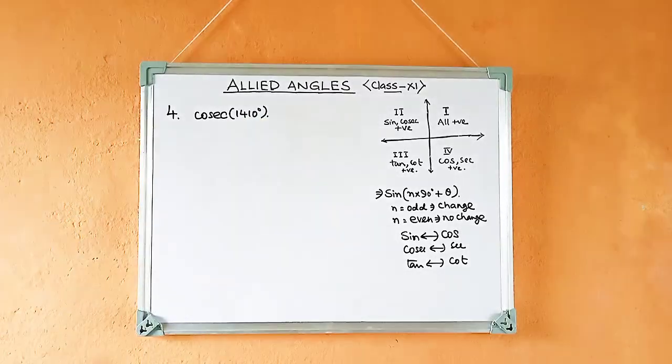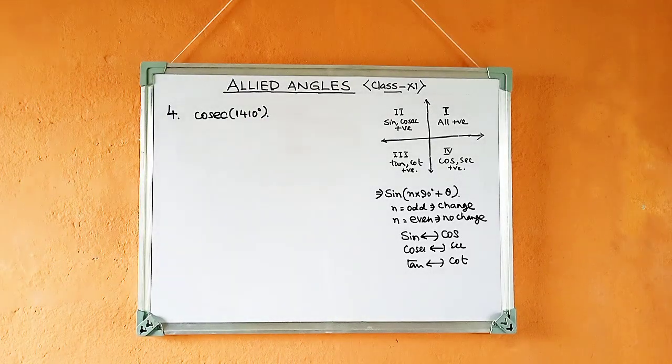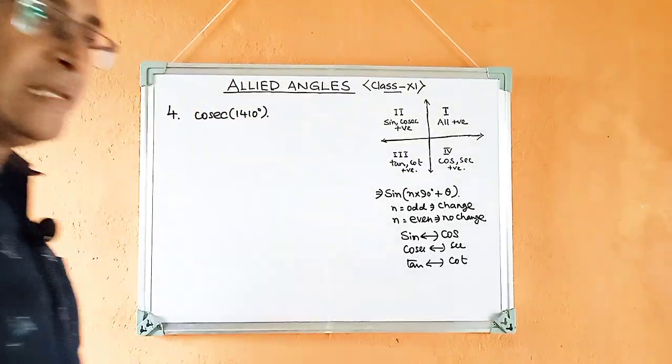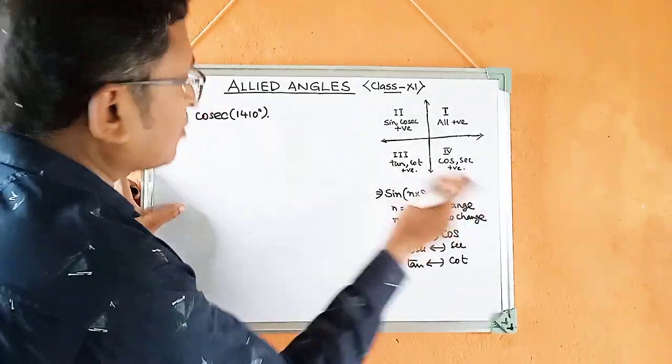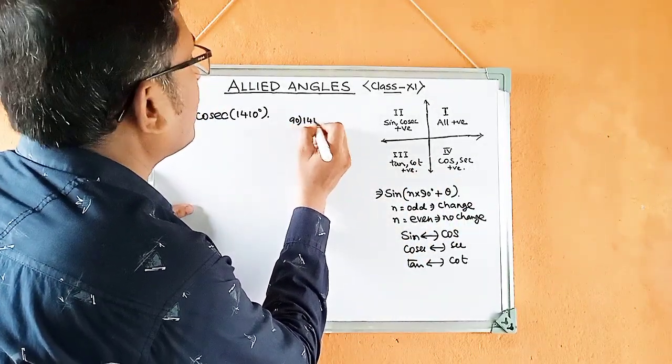First of all, this angle is divided by 90 degree. Arrange in this format. So 90 divided into 1410.